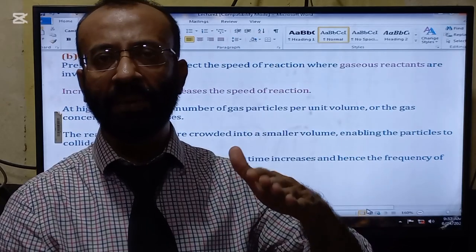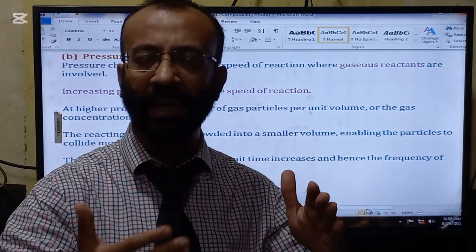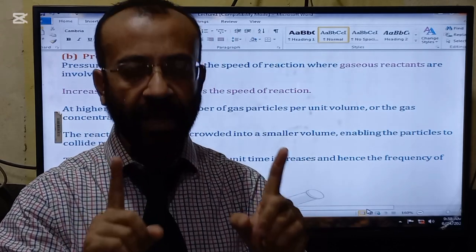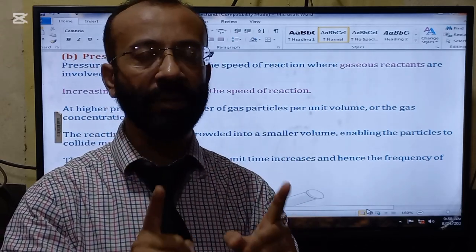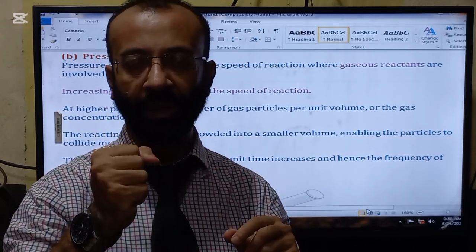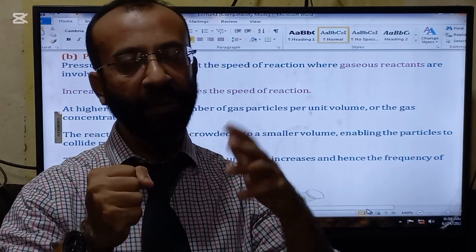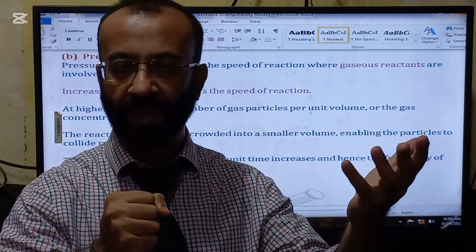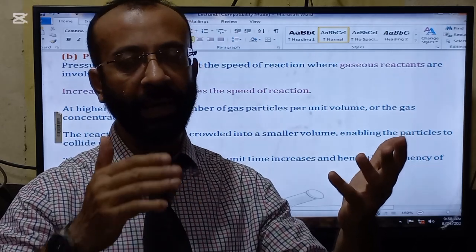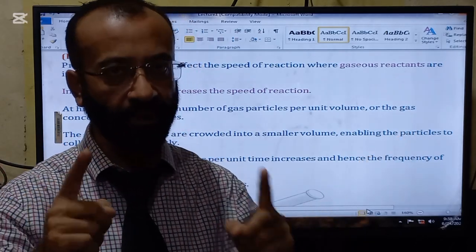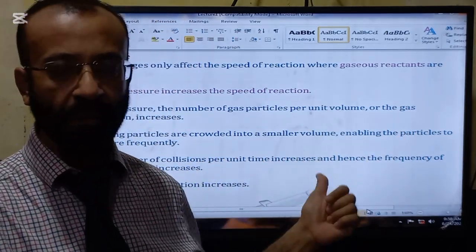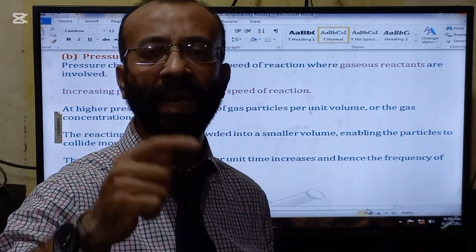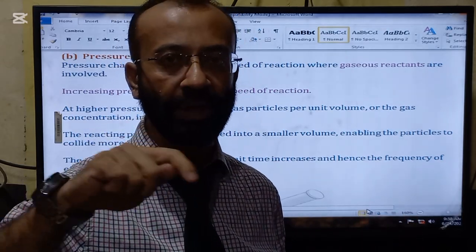By increasing the pressure, by increasing the concentration, whatever the way, the main idea is that if the particles of the reactants come closer, there will be more chances of collision, more chances of successful collision. So the rate of the chemical reaction will be increased. So this is the main idea, and this main idea should be in your mind, because you have to make this story around this original idea.